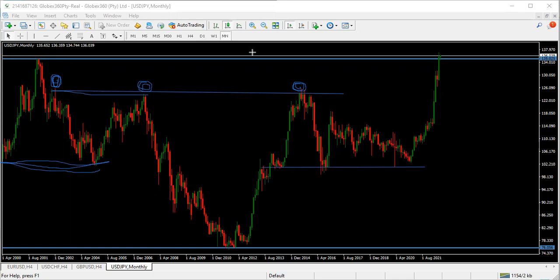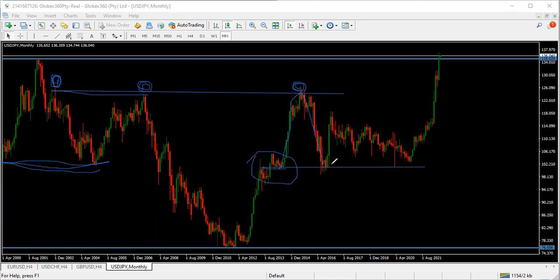Yeah. As you can see this, the price turned here. And then the price went back up to our new resistance. From resistance, the price came back to our new support that was created here.